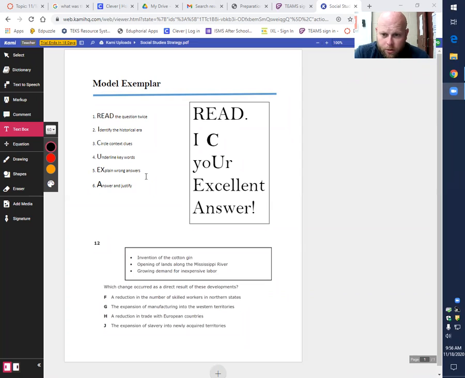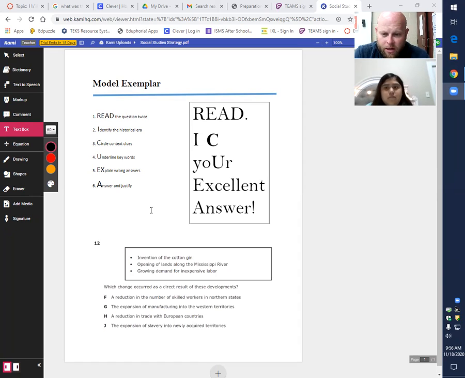So we're going to read the question twice. That means in a question like this down here at the bottom, we are going to read the list and the question and the answers twice. Invention of the cotton gin, opening of lands along the Mississippi River, growing demand for inexpensive labor.